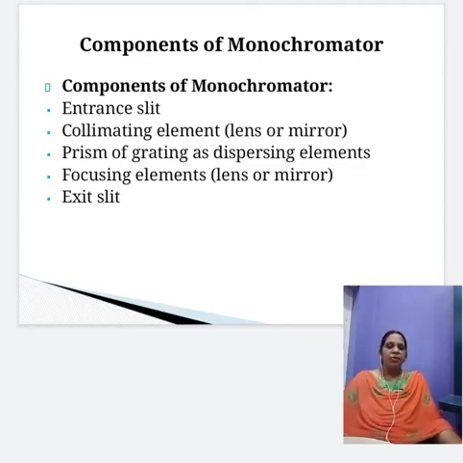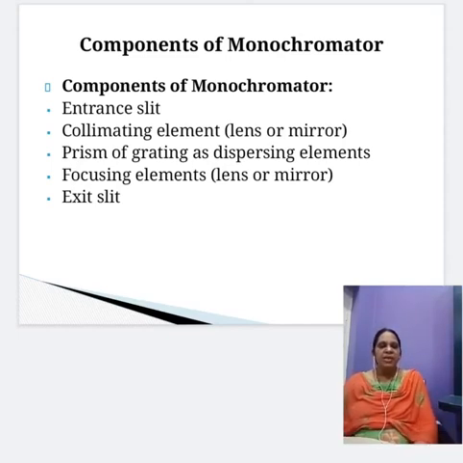The collimating element may be a lens or a mirror.